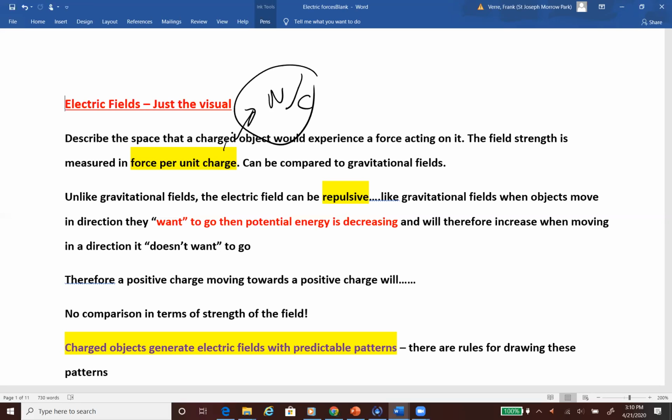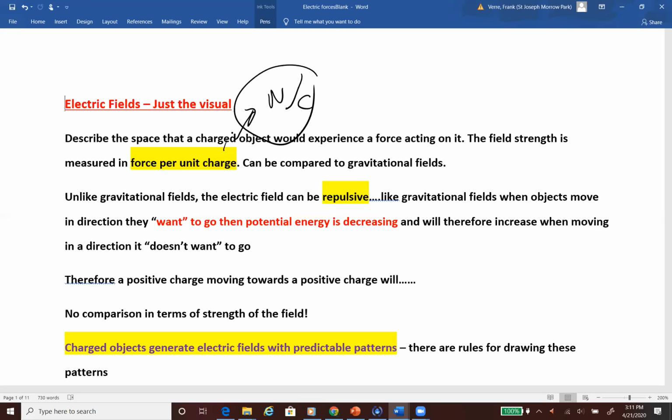So eventually, like we did with gravitational fields, we'll talk about energy. We'll talk about how to convert electrical fields. We'll figure out ways to measure the amount of electrical potential energy. And just like gravitational fields, we can talk about measuring if the potential energy is increasing and decreasing.